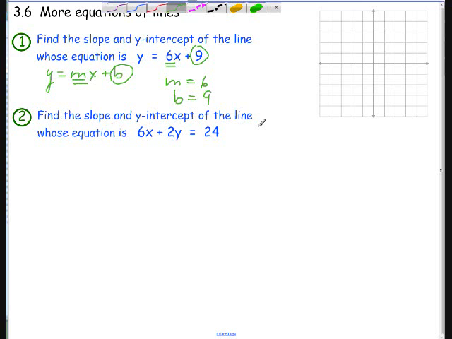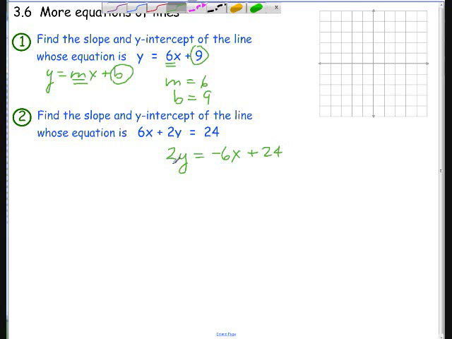Find the slope and y-intercept of the line who has, ooh, well, this one's not quite as simple. We have to make a few adjustments here, don't we? We have to put it into this form. 2y. I'm going to subtract 6x from this side, and I still have plus 24.